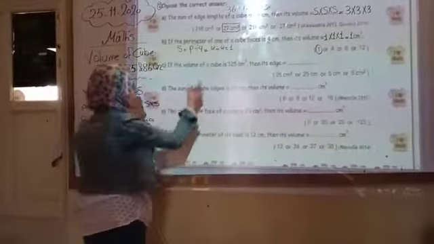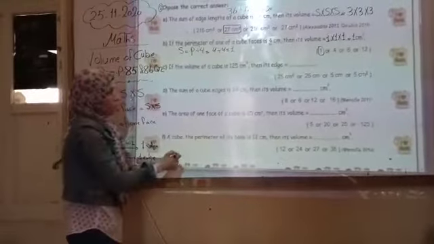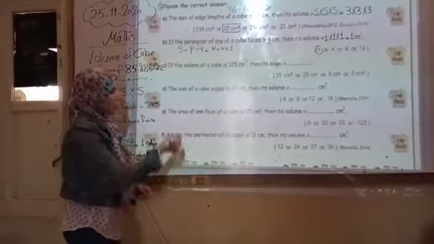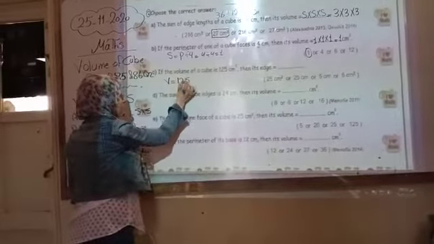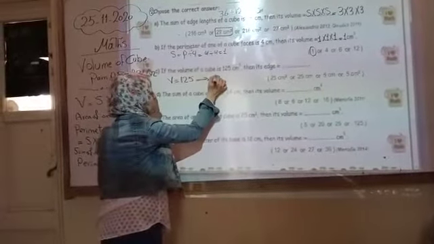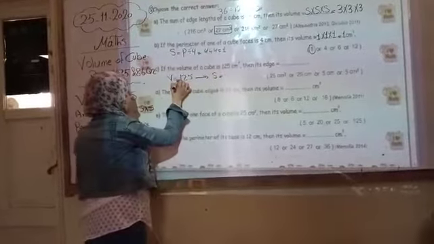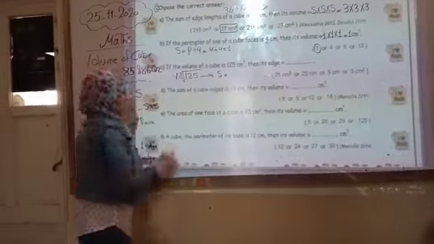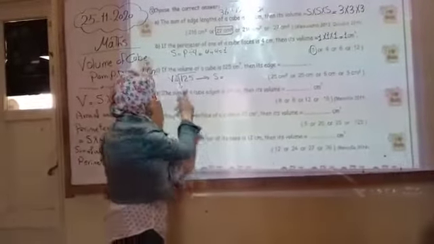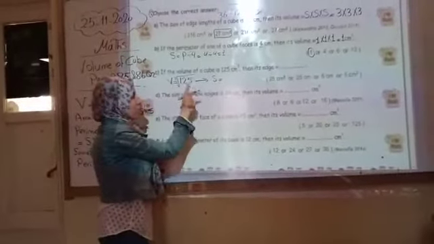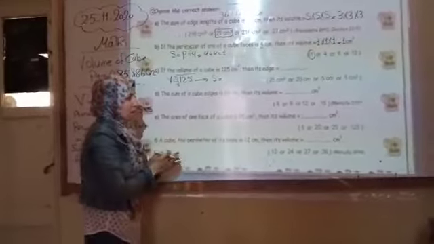How? Volume equals 125. On your calculator, to get one edge from the volume, we make cubic root. On your calculator, there is a root sign. We make cubic root. Okay?